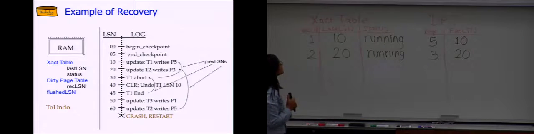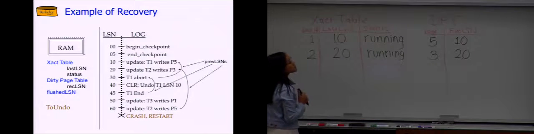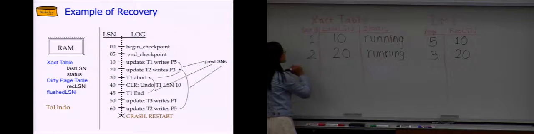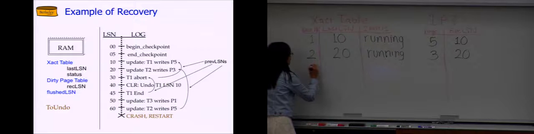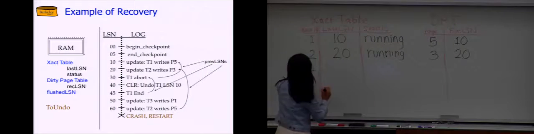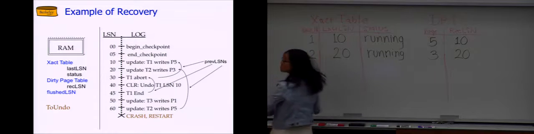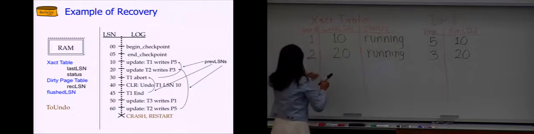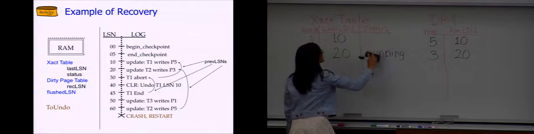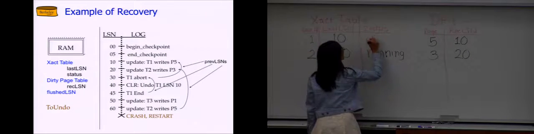Okay. Log sequence number 30, T1 abort. Do we change anything in the transaction table? What do we change? Status of 1 is now aborting. So you can update the status of 1 to be aborting. Don't append it, modify it. This is an in-memory data structure, so just modify it. Great.